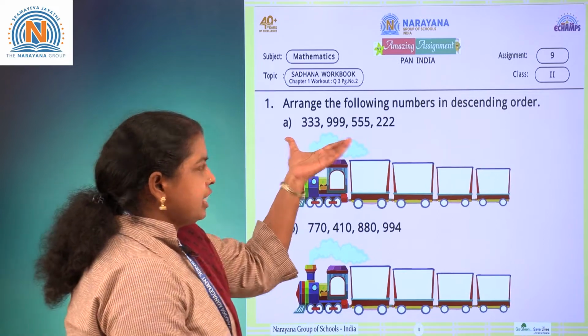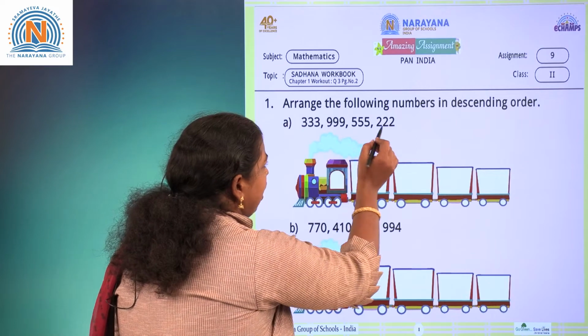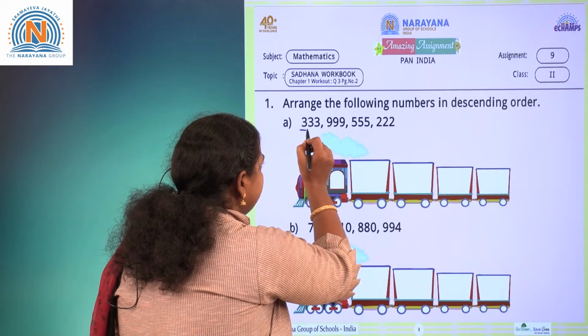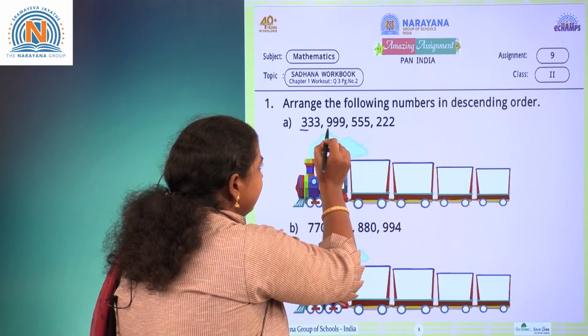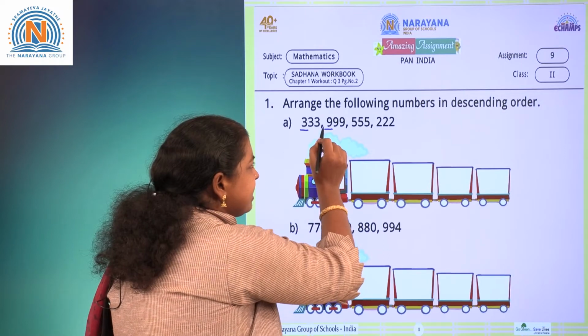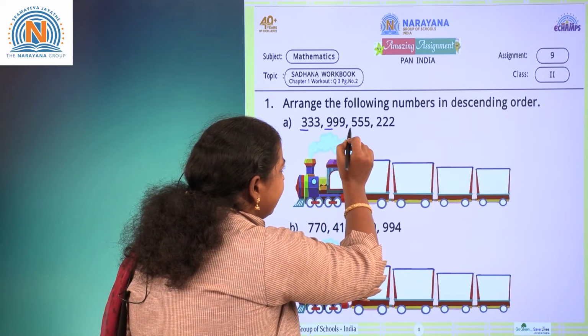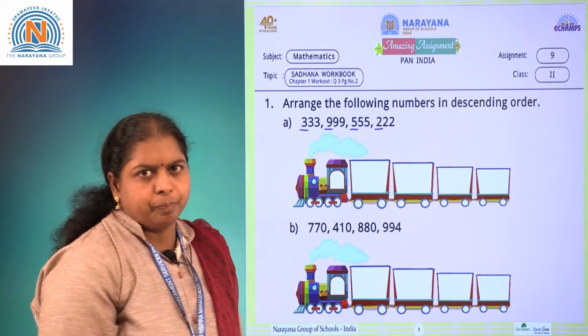Let's find out which number is greater. If you observe the hundreds digit in all the numbers, the hundreds digit in 333 is 3. Here it is 9, 999. The hundreds digit is 9 and here the hundreds digit is 5 and here the hundreds digit is 2.